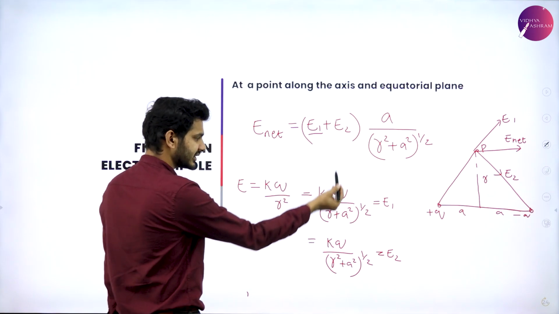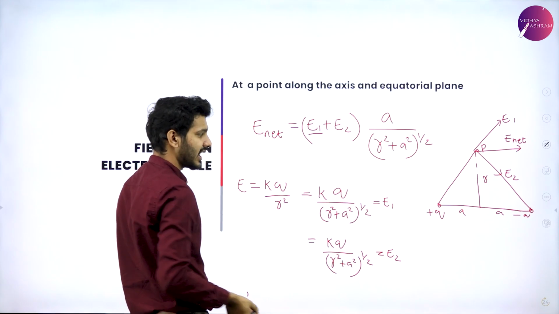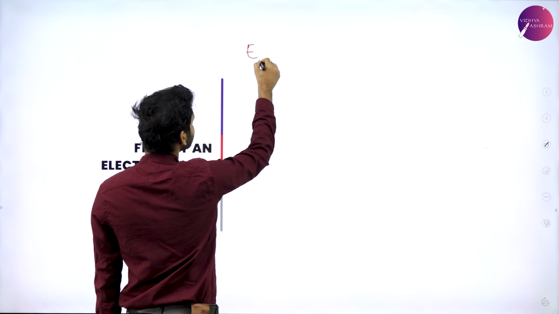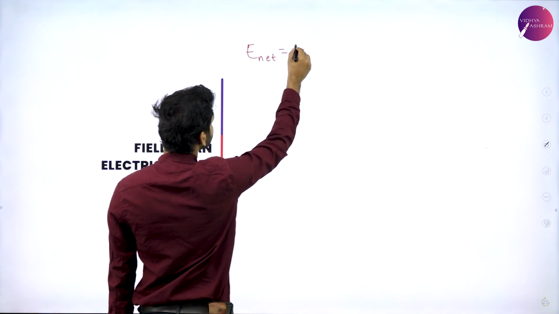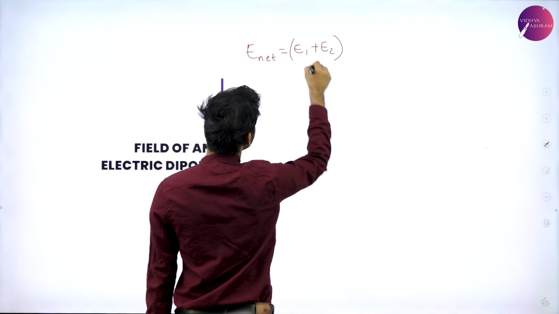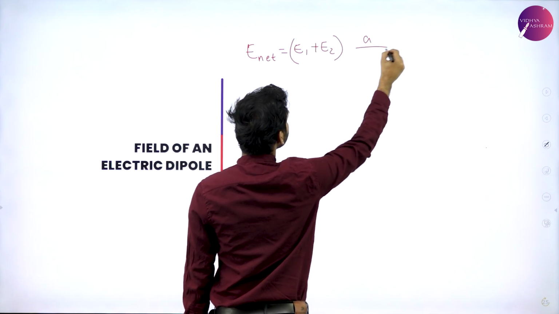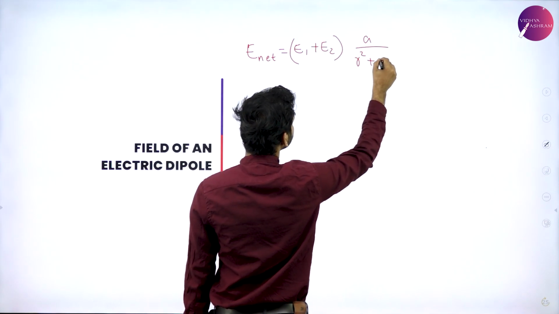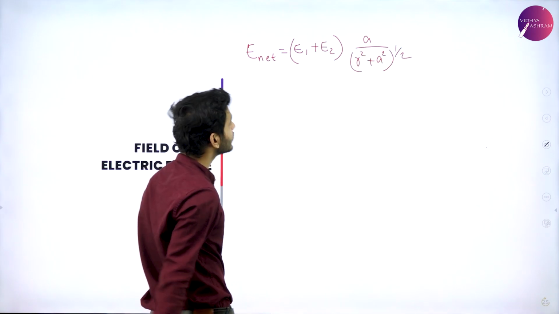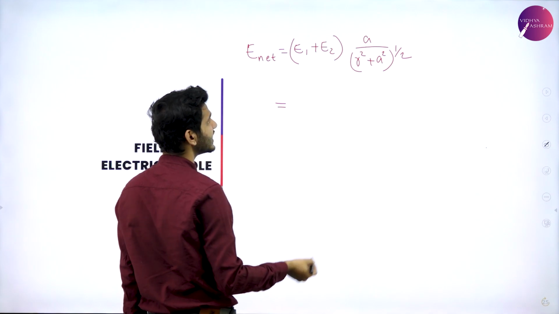So now we are going to substitute E1 and E2. We know that E net is equal to (E1 + E2) into A divided by (R² + A²)^(1/2). And we just substituted E1 and E2.